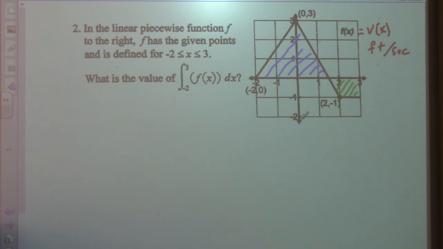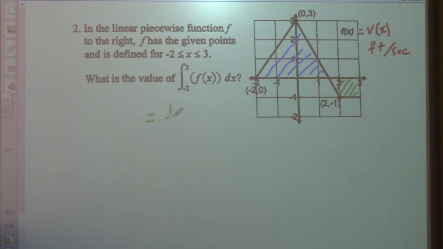We will subtract it. Thank you. Okay? We will subtract it. So you have the area here of a triangle minus the area of this little trapezoid, and that is going to be your answer.